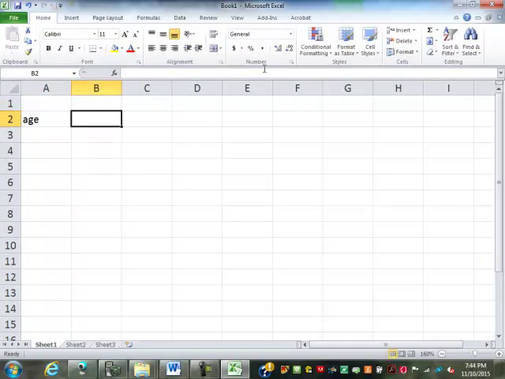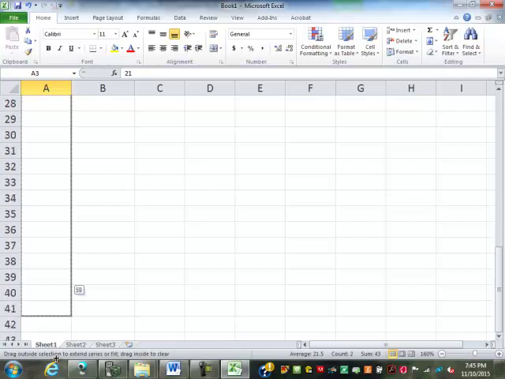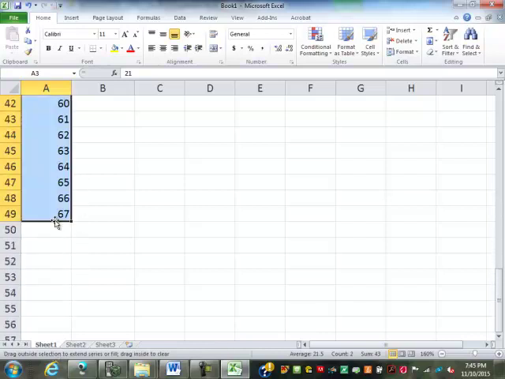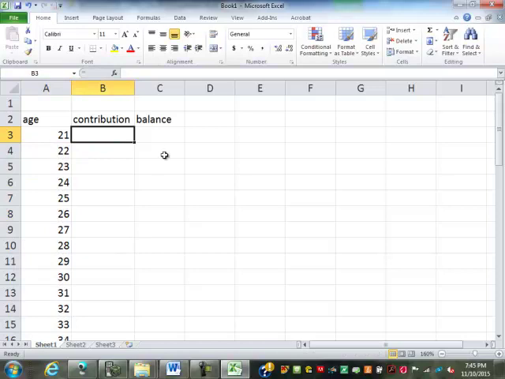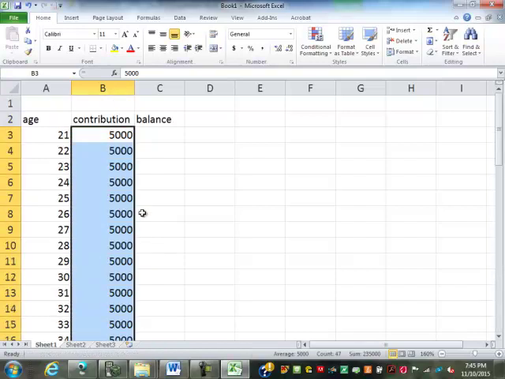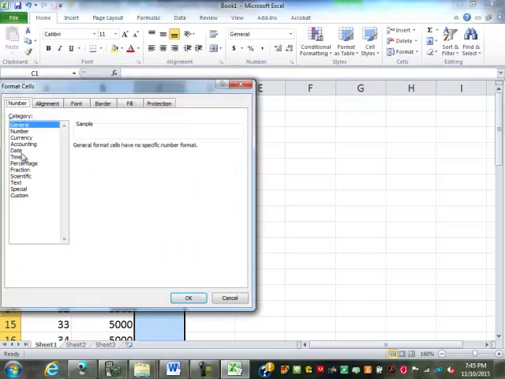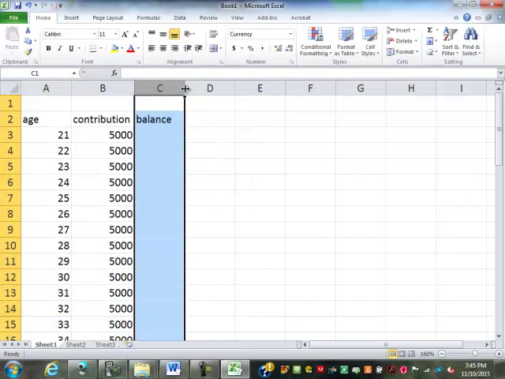Some significant things about compound interest. So let's start out at 21. We'll go up to 67 here. Contribute $5,000 a year.